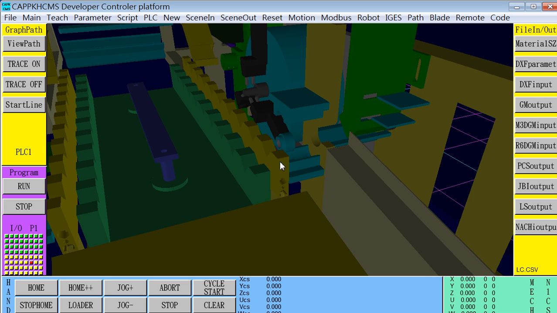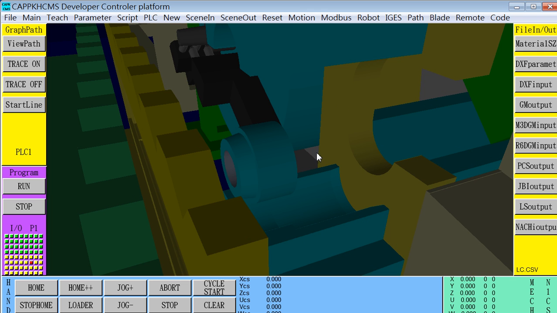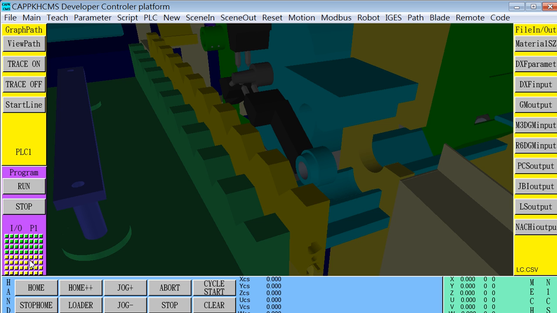You can see the outer fittings being pushed toward the minus Y direction, 100 millimeters. As Y14 off, it retraces back. On, off, on, off.